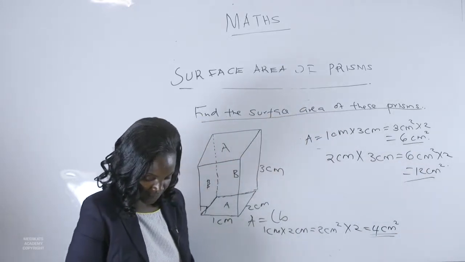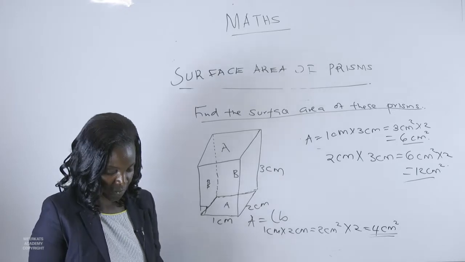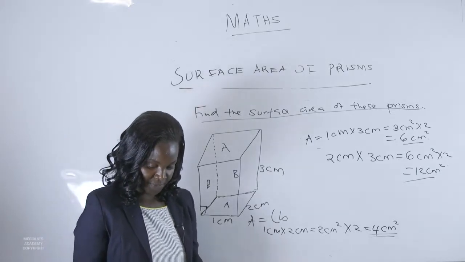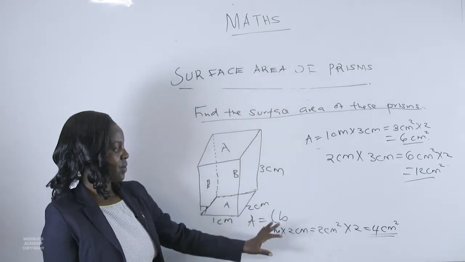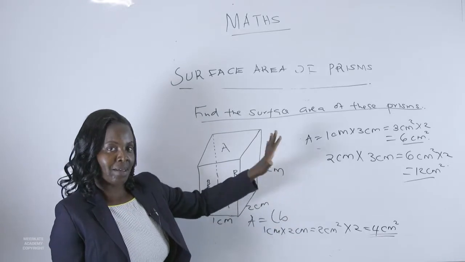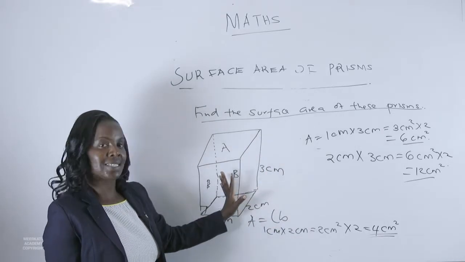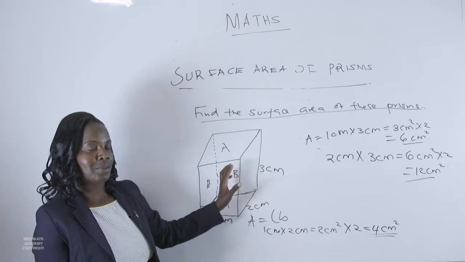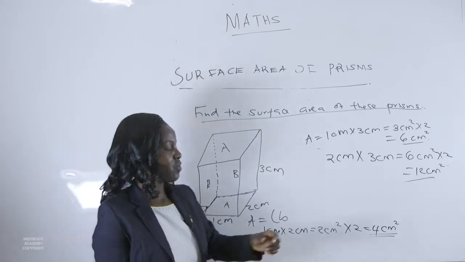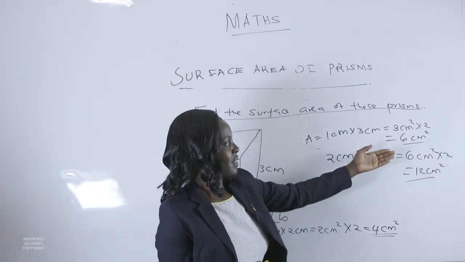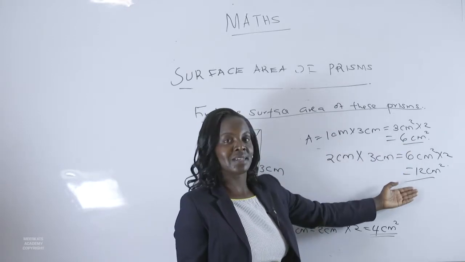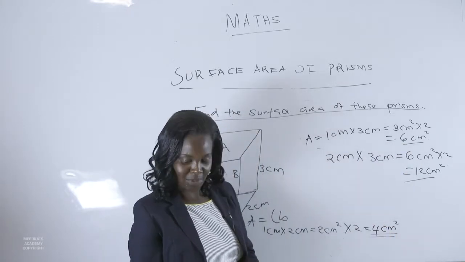So now we have the 3 areas. Because we have multiplied by 2, there are 6 faces, but we have done them 2 by 2, so we now have the areas of the 3 faces. We will add them together.